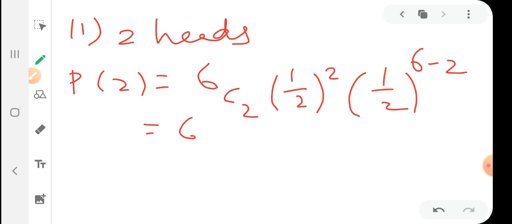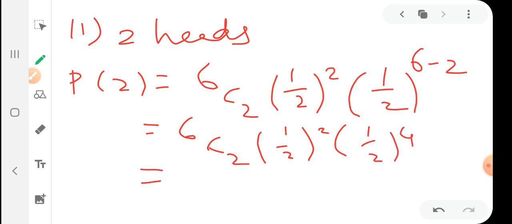So simplify this, 6C2 into 1 by 2 raised to 2 into 1 by 2 raised to 4, and if you simplify it you will get 0.2343. You have to do this calculation on the calculator.